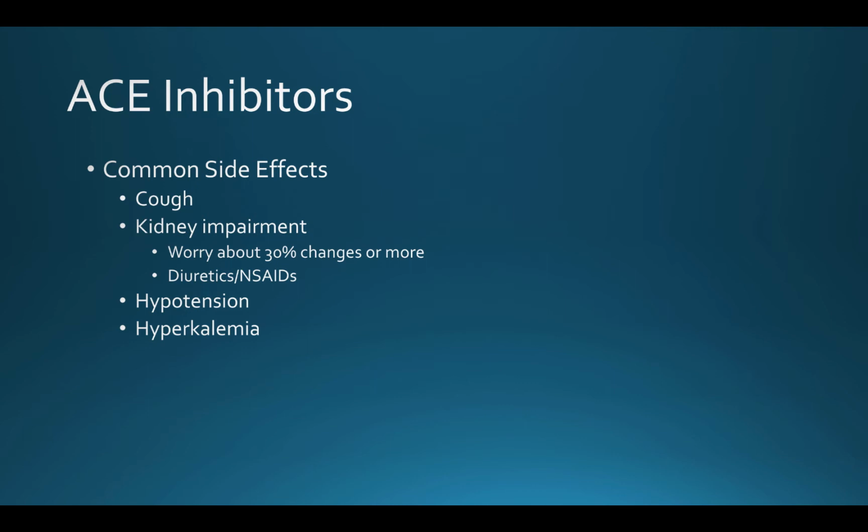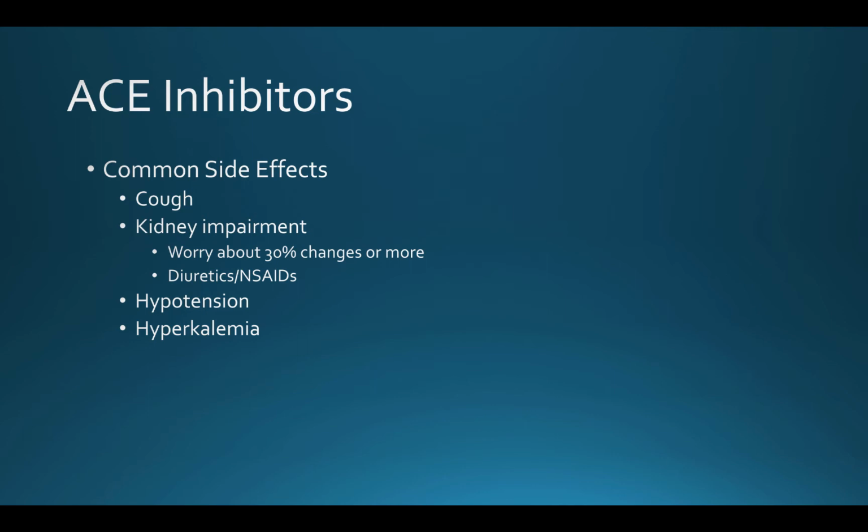If they go up from 1.1 to 1.4, 1.5, yeah, you're probably getting a little more worried about. Diuretics and NSAIDs in combination with ACE inhibitors really can increase that risk. And in the setting of something like heart failure, you're oftentimes using diuretics with ACE inhibitors. So really, really critical to keep an eye on that kidney function.